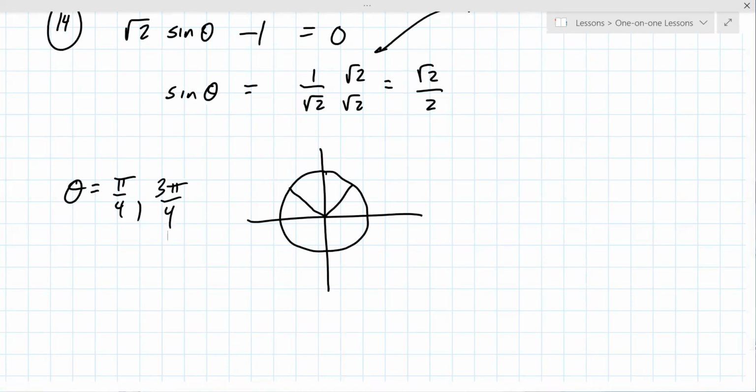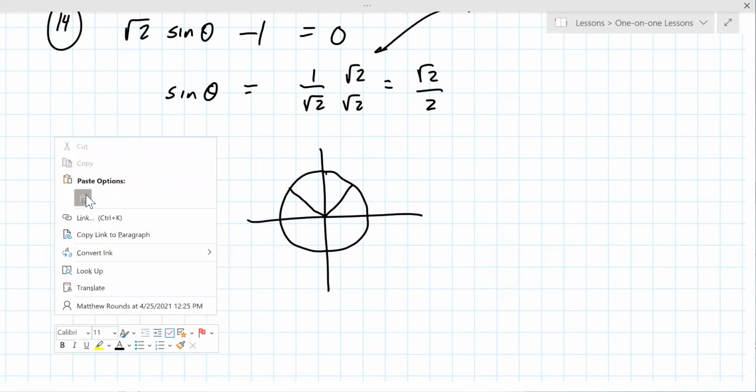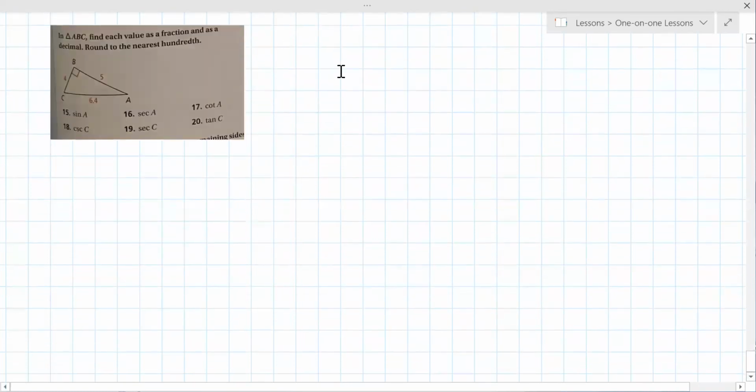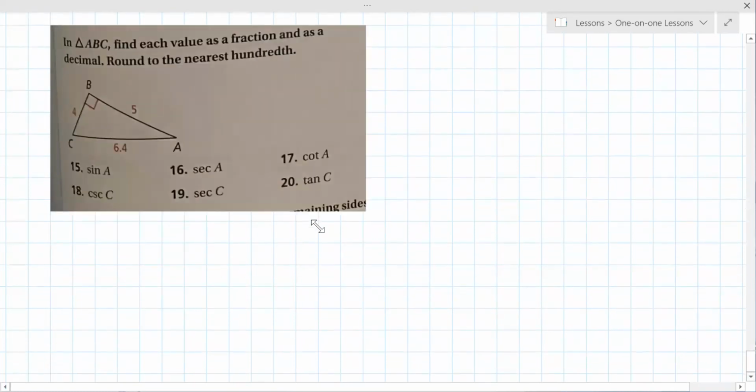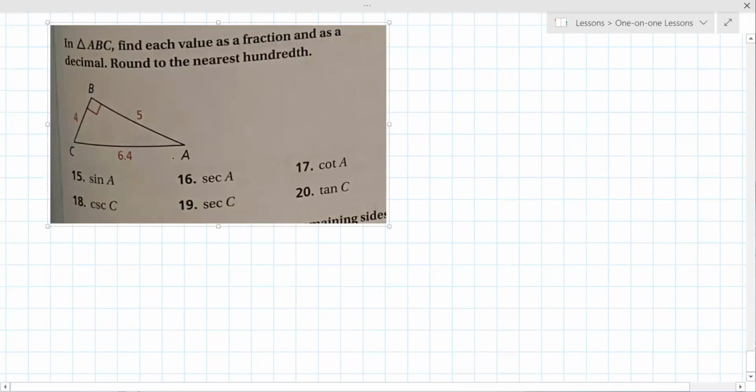Okay, number 15. 15. Okay. All right, so the A is here, B is here, C is here, and so on.